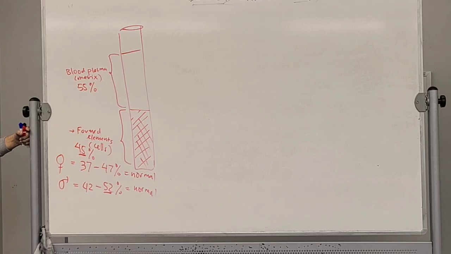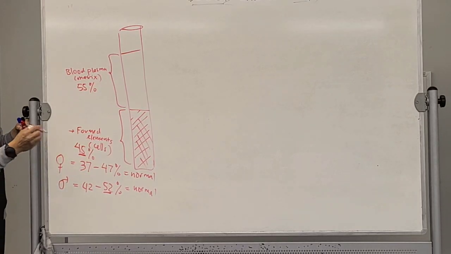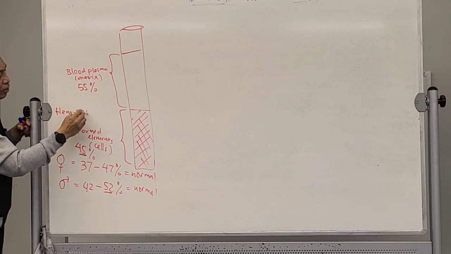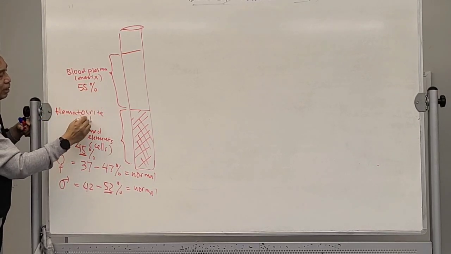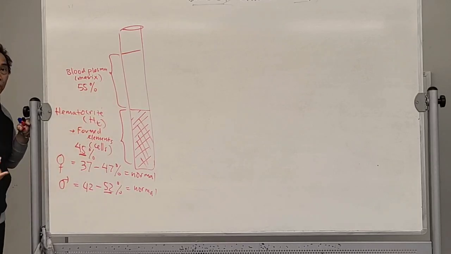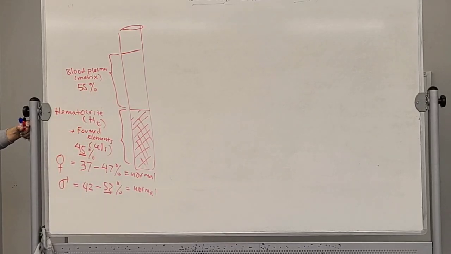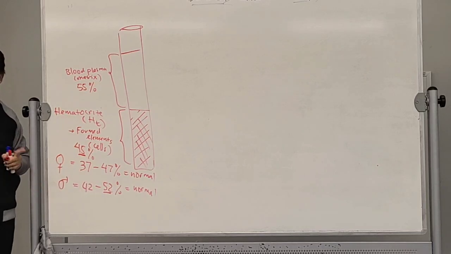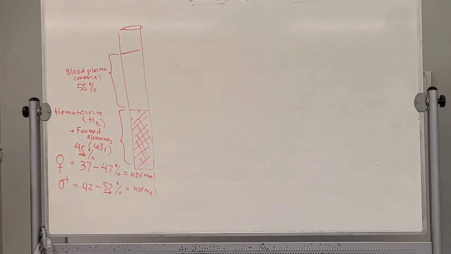Can you follow this? If you measure your formed elements, that measurement is sometimes called the hematocrit, sometimes called the HT. If you go to the doctor, the doctor can measure your HT. If you are male and between 42 to 52, then you are healthy, normal. Now, what happens if it is lower than that?